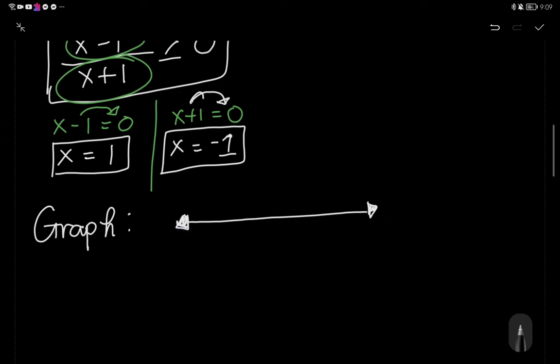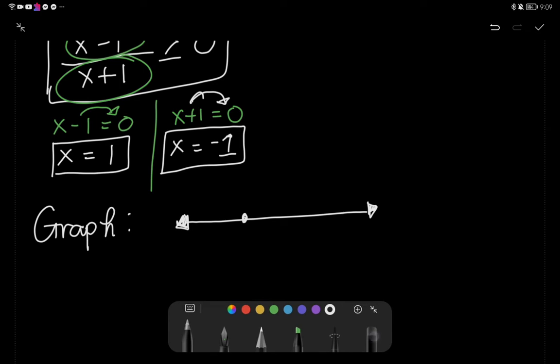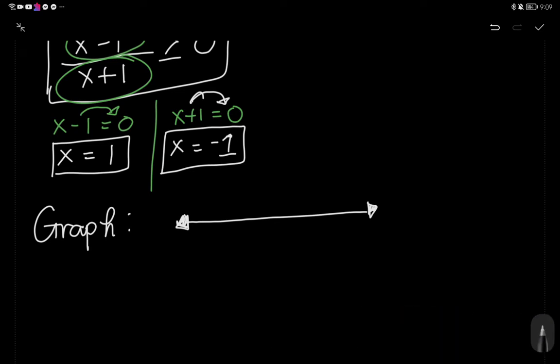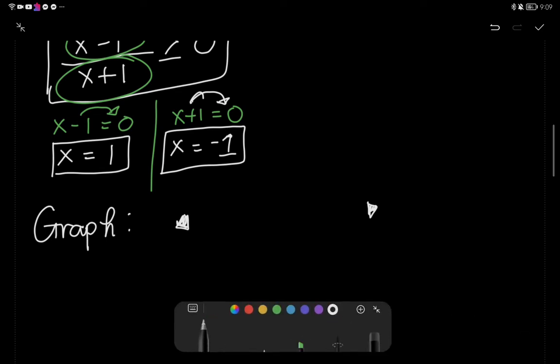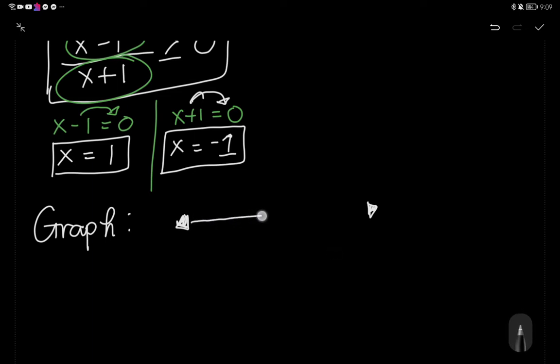Okay, let's not make this shaded. This one is negative 1, and this one is 1.